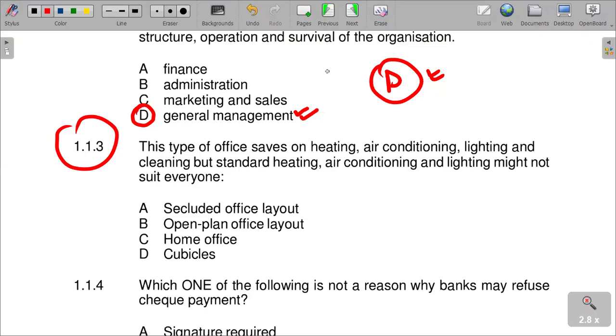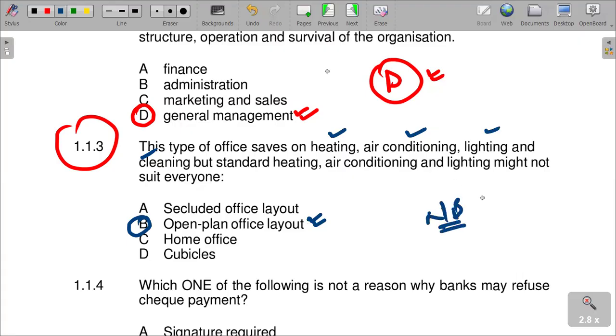We are talking about a layout. So it should be the open plan office layout. The open plan office layout saves on heating, air conditioning, lighting, and cleaning. However, the standard heating or air conditioning and lighting might not suit everyone. So, open plan office layout.